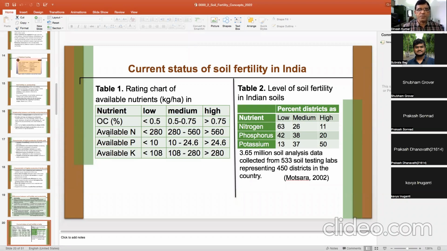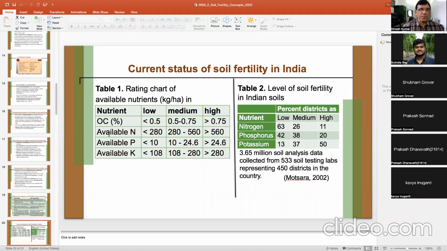And also NO2, but the NO2 quantity is very insignificant in the soil. At any particular point of time, it is normally not detectable. Very little quantity, because nature has made NO2 very unstable. Otherwise, it will become poisonous to microbes and plants.